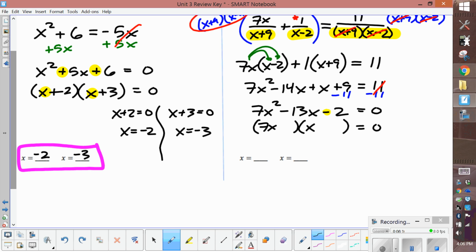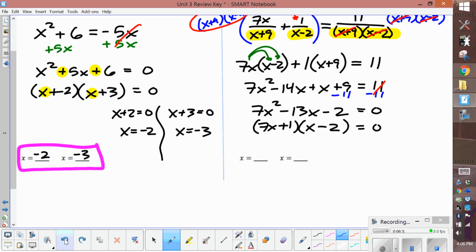I notice my signs have to be different. I'm going to go plus and minus. And then my only options for numbers that multiply to 2 are 2 and 1. And I'm going to try a 1 here and a 2 here. And when I check real quick, this gives me 1x, this gives me negative 14x, and those would combine to give me negative 13x.